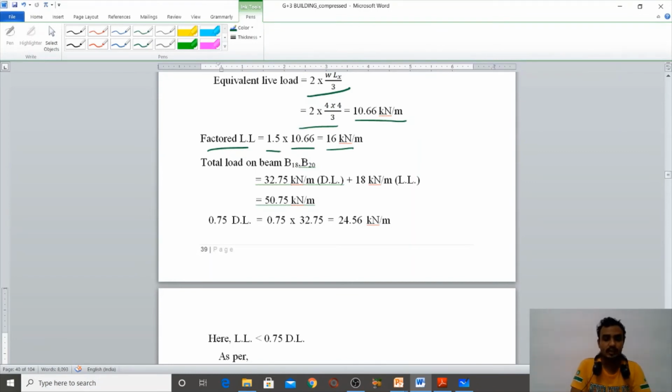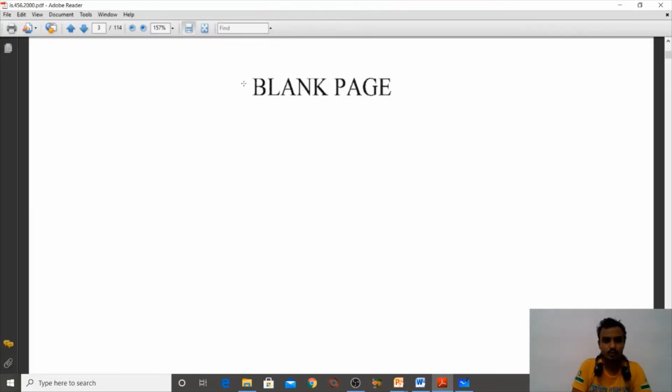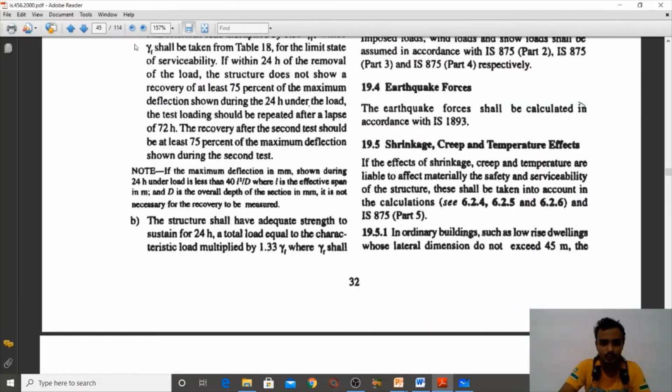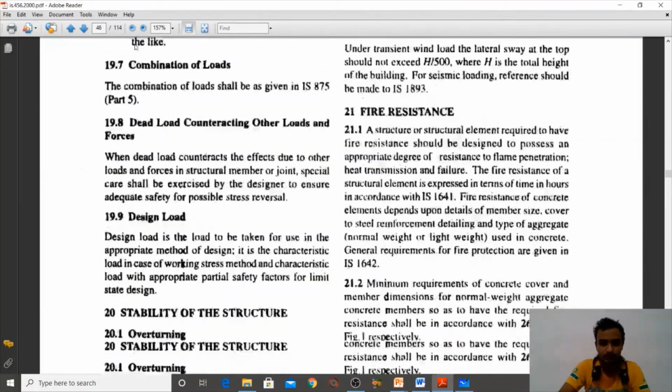Now we have to go to the IS code, IS 456:2000, clause number 22.4.1.